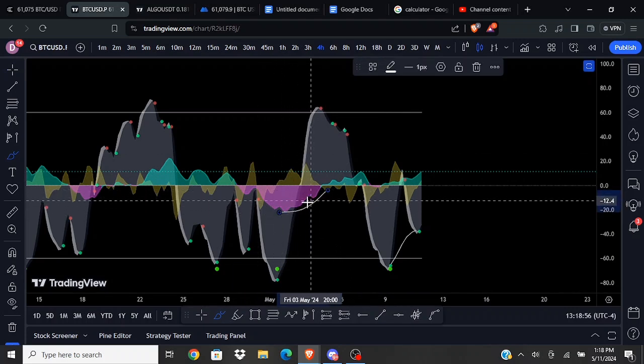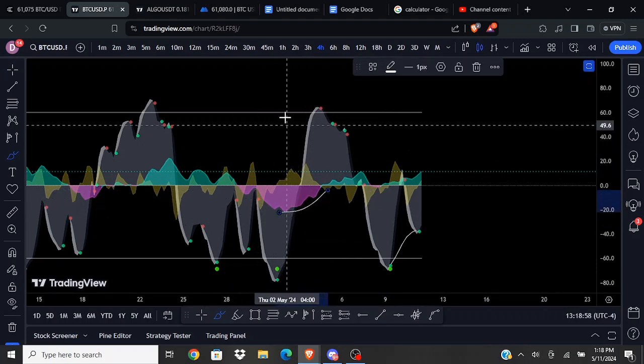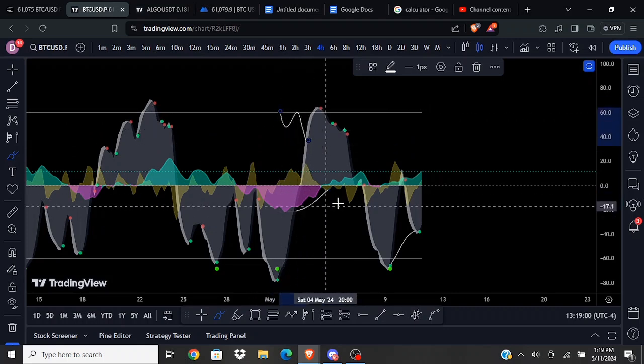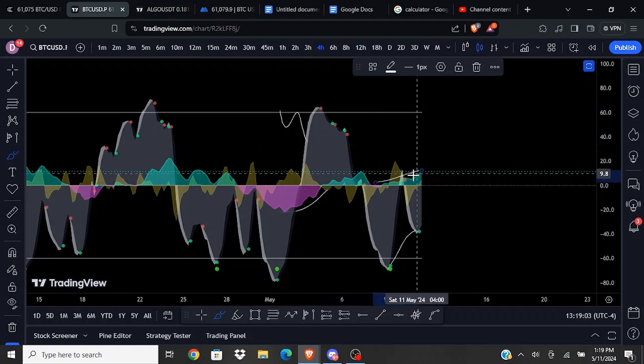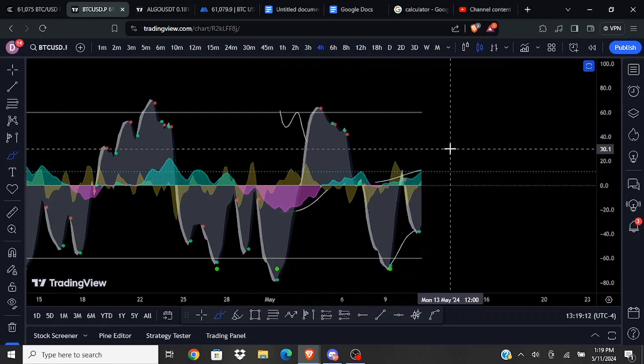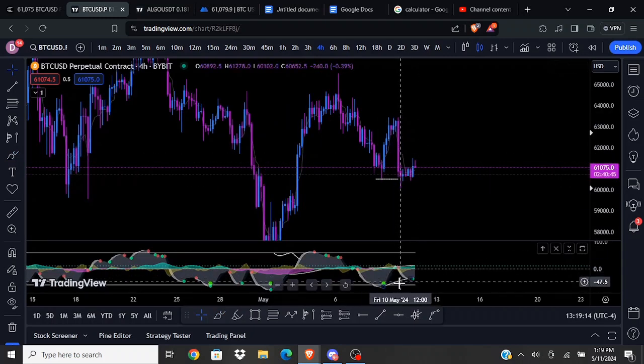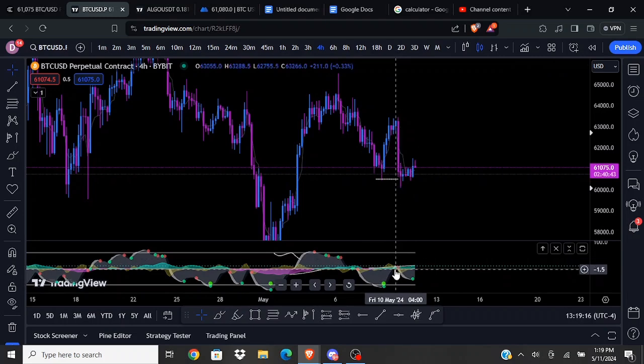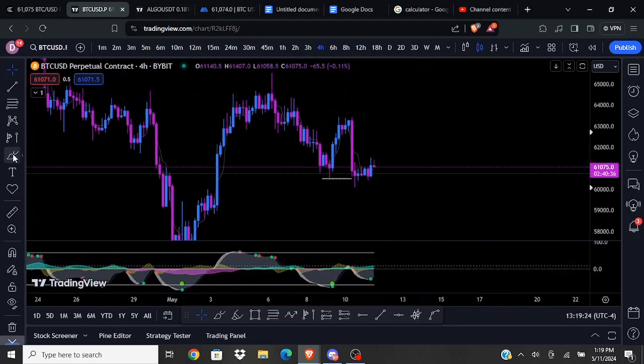I look for a higher low in money flow as price puts in a lower low up here. But here we had money flow in the green. It's still a divergence because money flow is increasing. Money flow put in a higher high as price put in a lower low. Still a divergence.